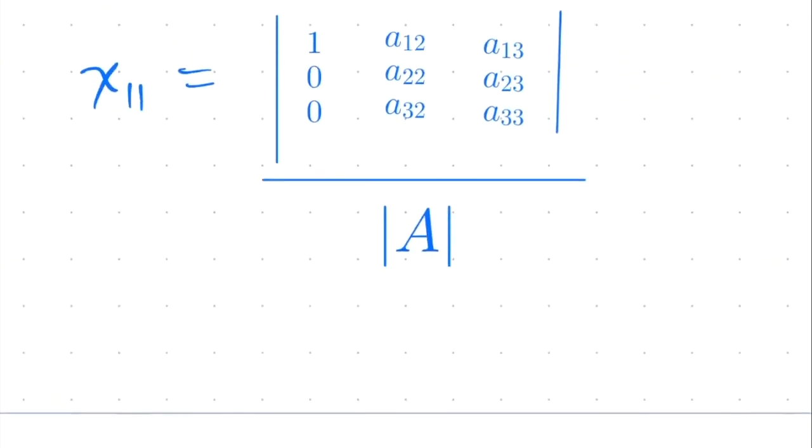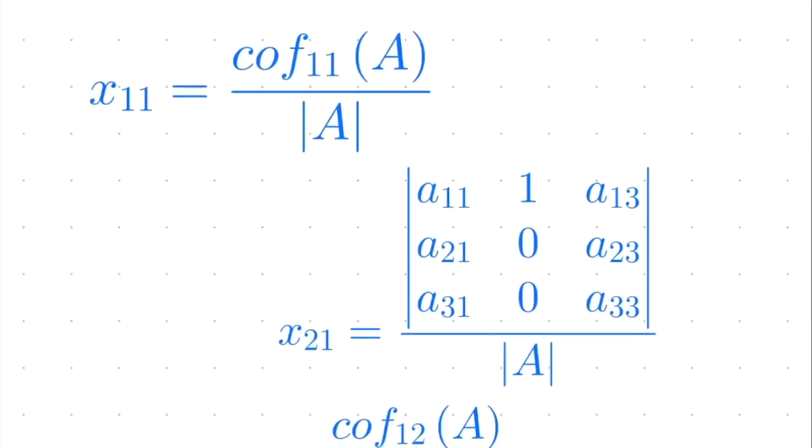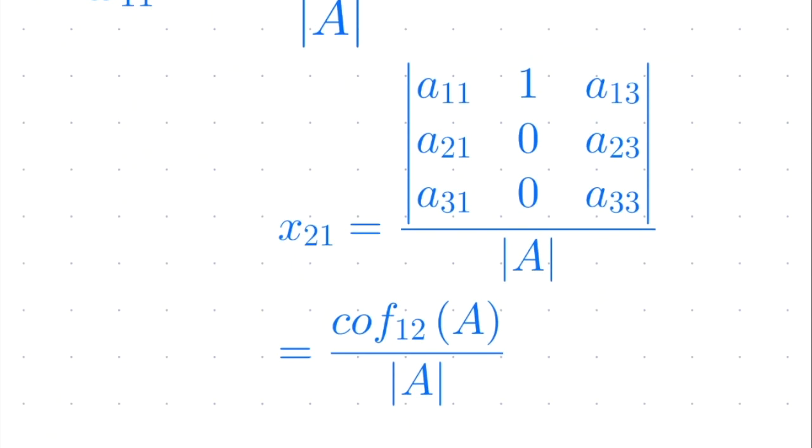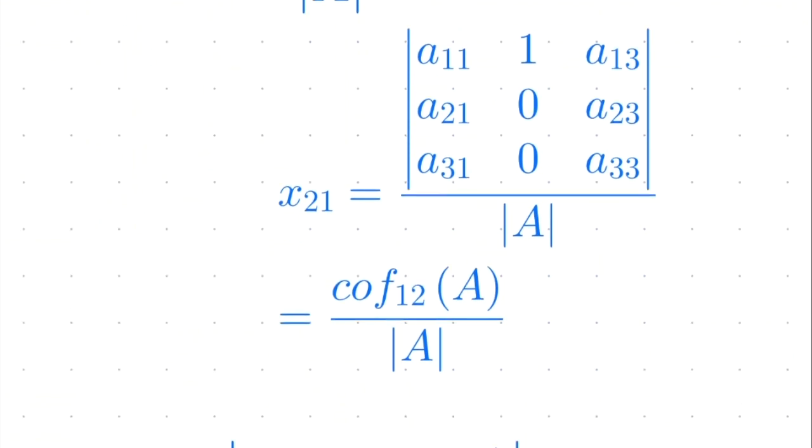And that's what I'm going to do here, and take the determinant of the resulting matrix and divide it by the determinant of A. Now again, because we have 1, 0, 0 here, and we're going to expand around that middle column, what we're actually going to get is, from our definition, the cofactor 1,2, because it's in the first row and second column of A, divided by the determinant of A, and notice that's x subscript 2,1, right? Okay, notice the relationship between the subscripts here and the subscripts here. Notice how they're written backwards, aren't they?